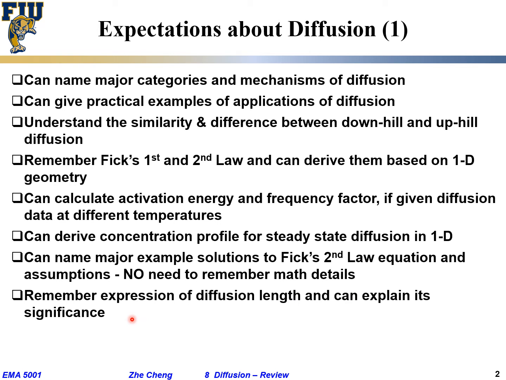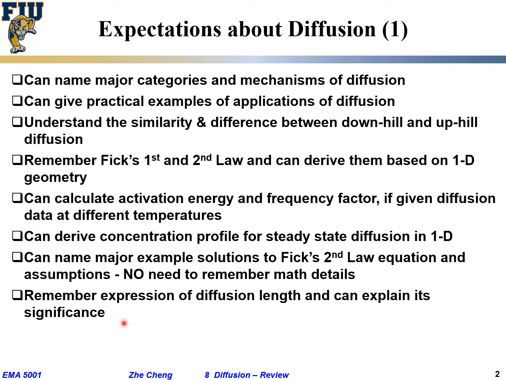I also expect you to remember the expression of diffusion length, which typically is given as the square root of Dt, D for diffusion coefficient, t for time, square root of D times t that gives us the typical diffusion length, and be able to explain its significance.